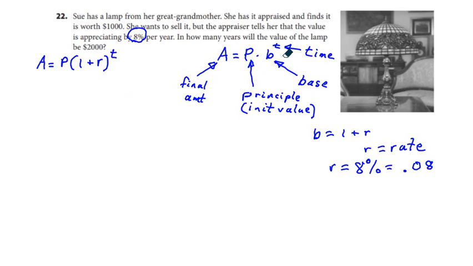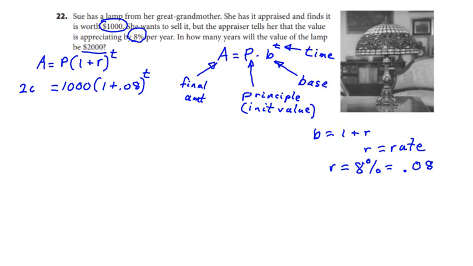And now filling in what we have here, we have principal, or the starting amount, is $1,000. So in the place of P I put 1,000, and then we have 1 plus 0.08 to the power of T. And then we have our finishing amount, which is $2,000.